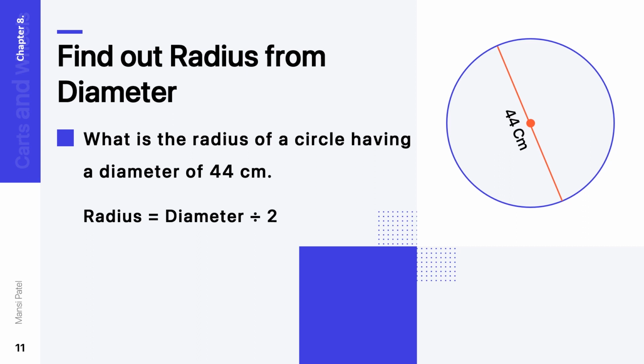First we write down the formula: radius is equal to diameter divided by 2. What is the diameter of the circle? 44 centimeter. So just do the division. 44 divided by 2 is equal to 22 centimeter. So the radius of the circle is 22 centimeter.